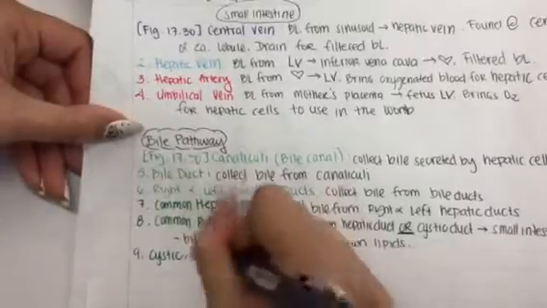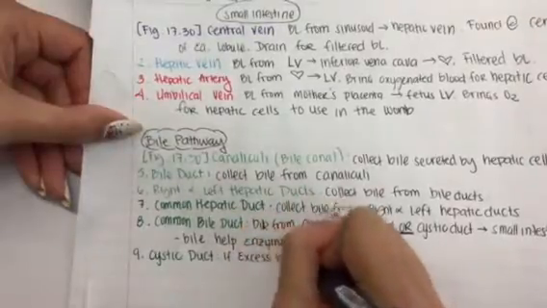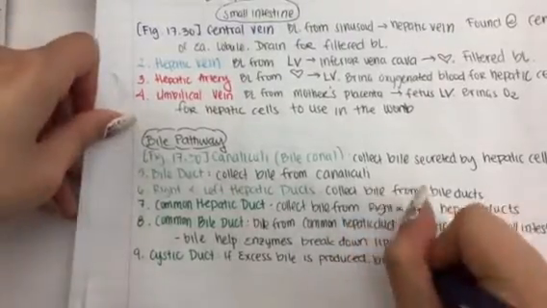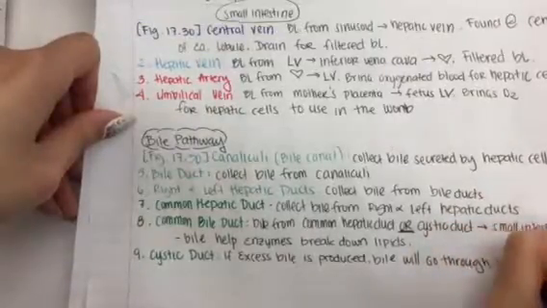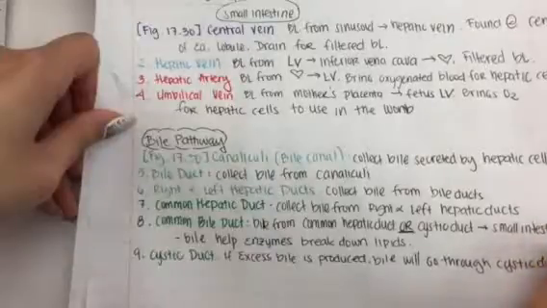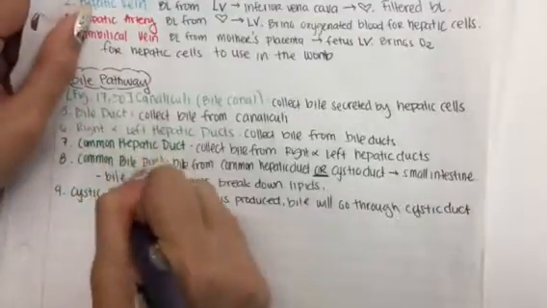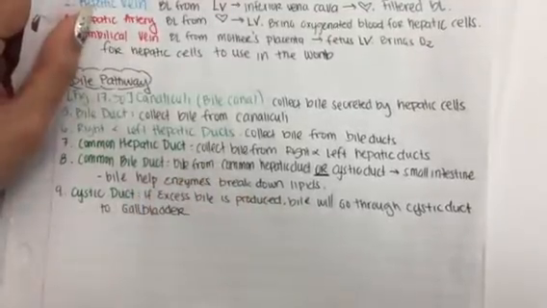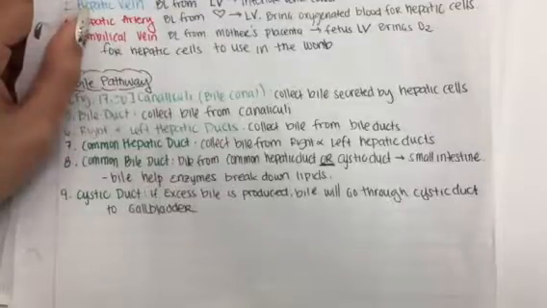And so the description for cystic duct is if excess bile is produced, then bile will go through here, the cystic duct, to the gallbladder. So if bile is being made but you don't actually need it, that bile is going to have to come back up to the cystic duct into the gallbladder.